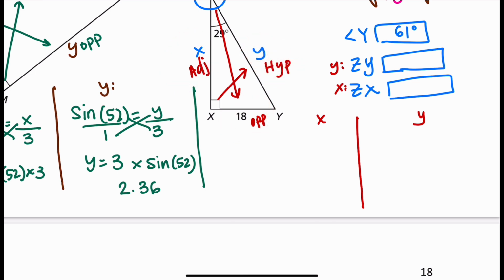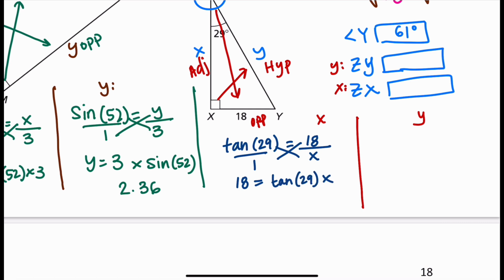So TOA, tangent of 29 degrees equals opposite 18 over adjacent, which is our x. We cross multiply. 18 equals tangent of 29 times x. To get x all alone, we divide by the tangent of 29.